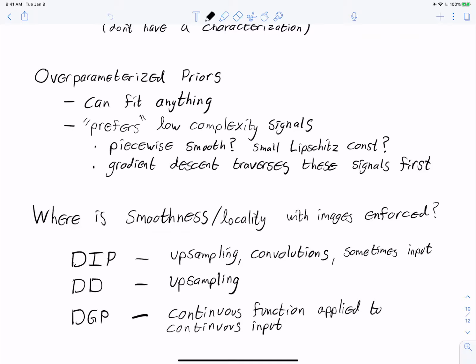And then finally, with the deep geometric prior, the way that it achieved smoothness was because the neural net itself was a continuous function and was applied to continuous input. So neighboring pixels give nearly equal color values because they have nearly equal inputs. And only if the neural network has put a very sharp jump between neighboring pixels are you going to have significant jumps.